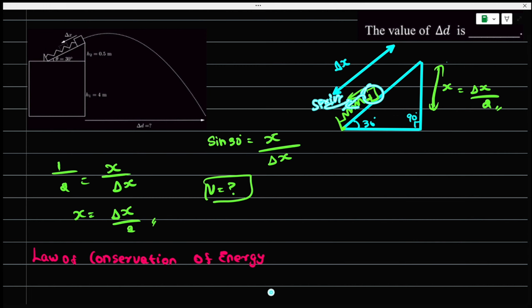So what is the spring potential energy formula? Half into k into delta x distance square. When this spring is released, the block would come here and it will fall to the ground. Now at here, due to this height, it will have a potential energy, and after this block leaves this ramp, it will have a kinetic energy of half m v square. So let's equate it before releasing and after releasing the block.